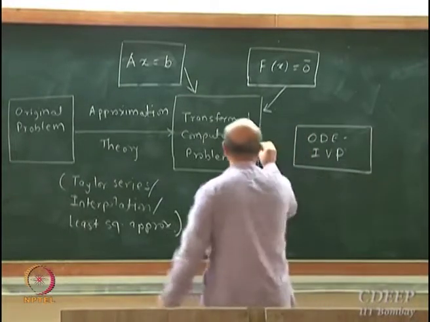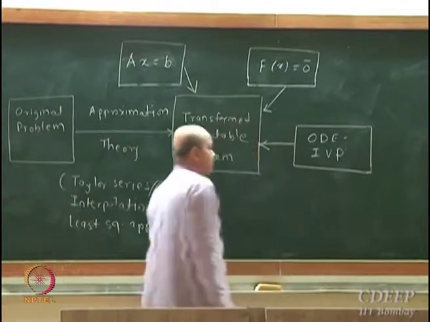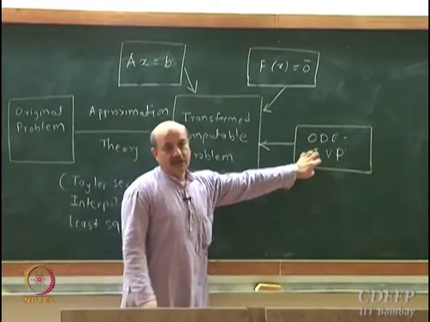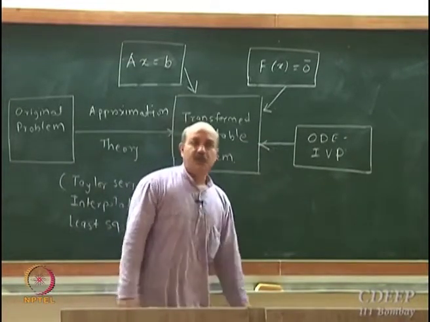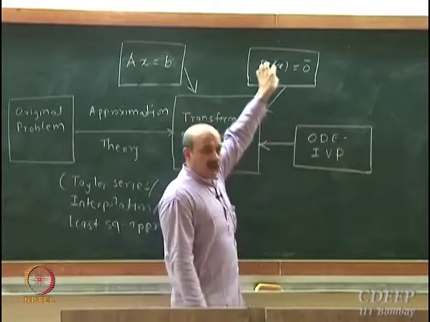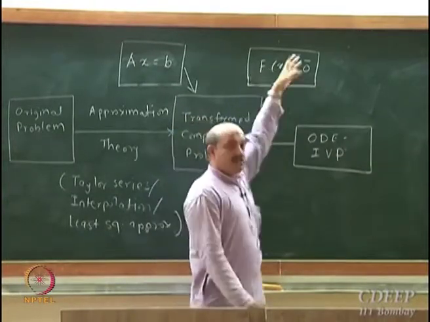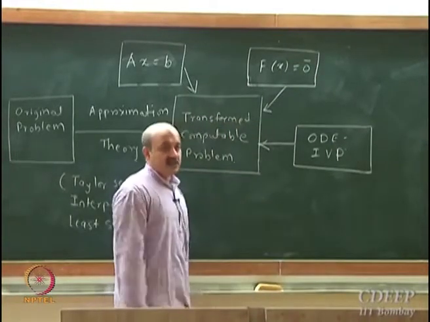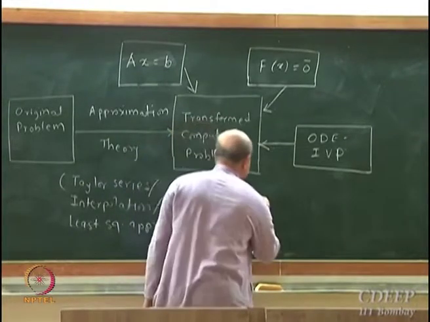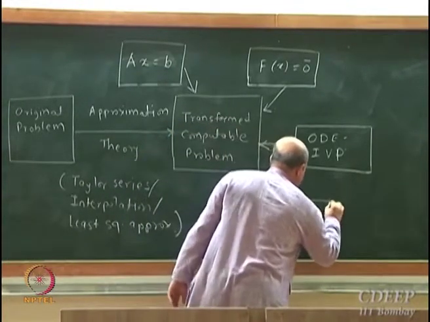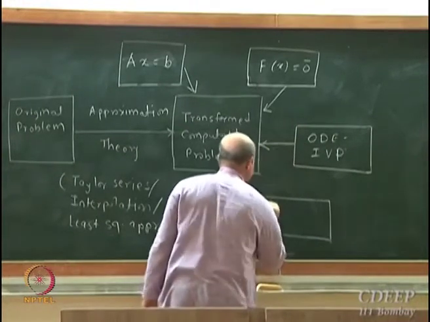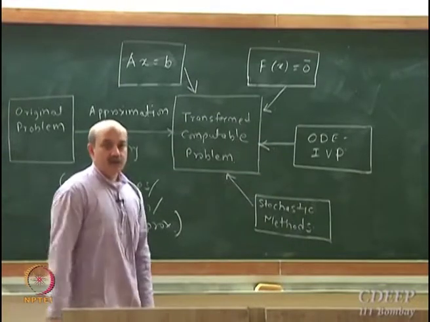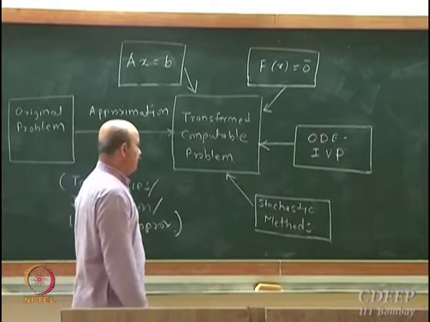Initial value problems are again a fundamental block, and Euler method, Runge-Kutta method, all those methods will come under this. Here we will revisit Newton's method, we will look at its other nuances and see how you can enhance the convergence. And well, the fourth tool which is quite commonly used is stochastic methods, but I am not going to deal with this. Okay, stochastic methods, this is the fourth tool.